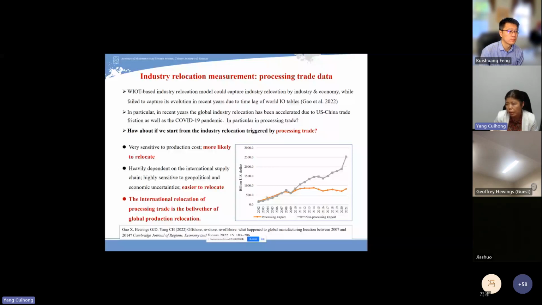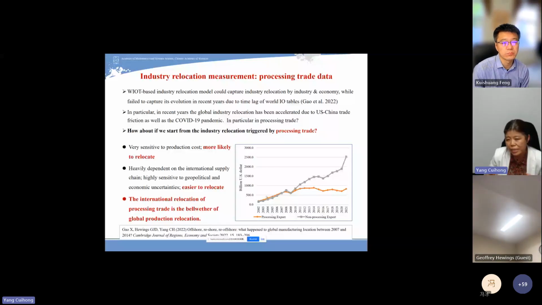We cannot effectively capture the global industrial relocation, in particular in recent years. For example, after COVID-19, the global industrial relocation may accelerate.